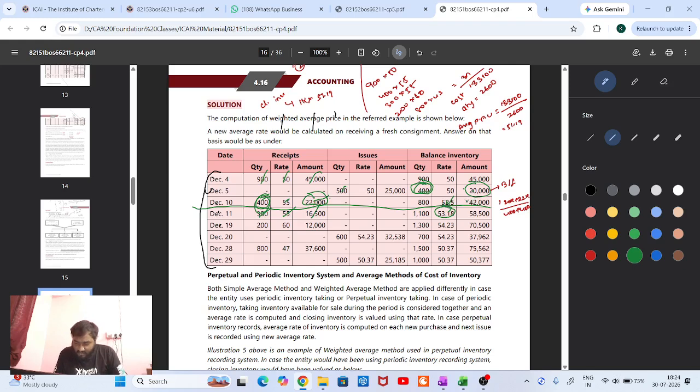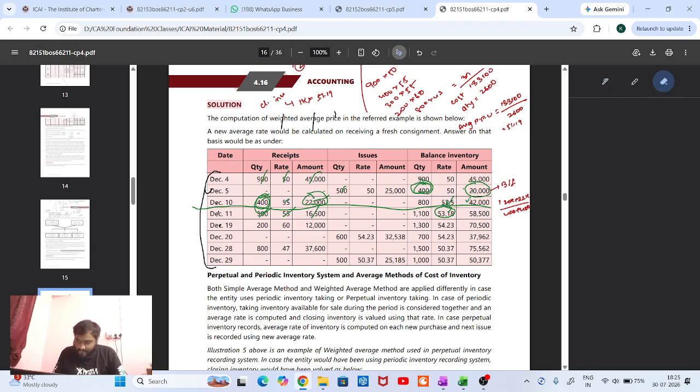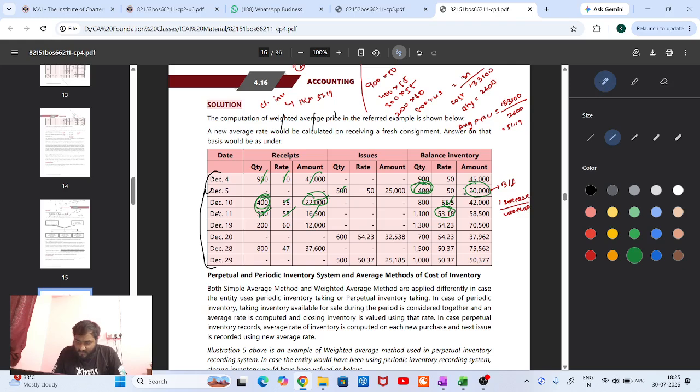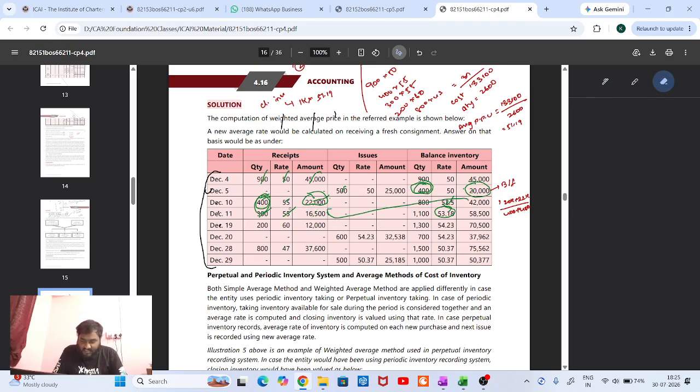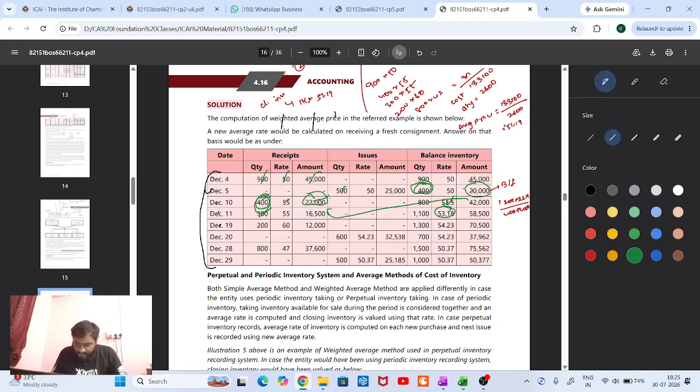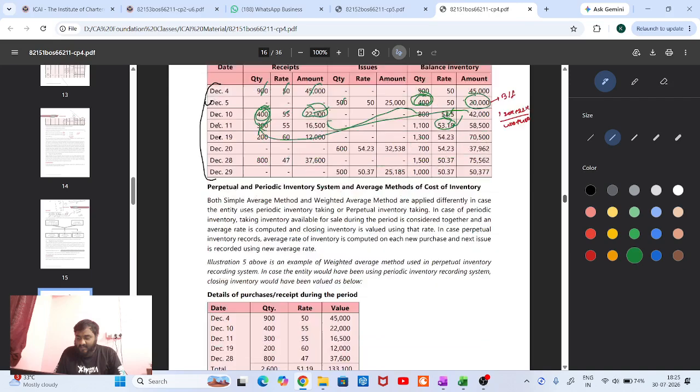Based on the 42,000 which is lying with us, plus 16,500 which we have purchased, divided by the 800 which is lying with us, plus 300 which we have purchased. This balance comes. This is how we solve the problem. Just solve the problem, and then I will ask if you have any doubts, if there is any mistake.